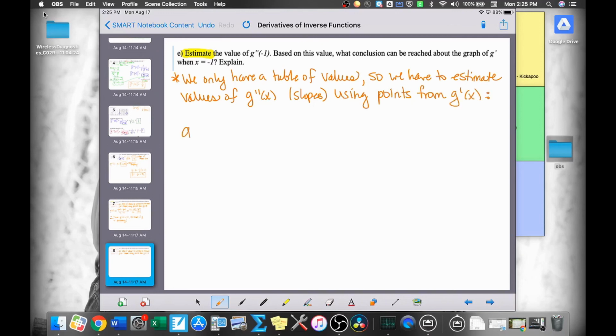So we will say that g prime prime of -1 is going to be approximately equal to, and again, if we're looking at -1, we're going to use x equals -2 and x equals 0. Those are the closest x values we have to -1. So g prime of -2 minus g prime of 0 divided by -2 minus 0. And from our table, g prime of -2 is 3 and g prime of 0 is 2. -2 minus 0 is -2.